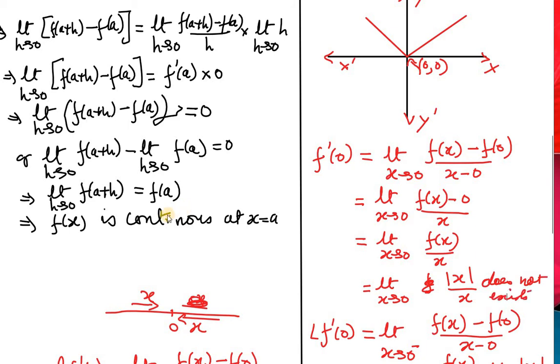That means at the corner point, at this point 0, we cannot have a definite slope or a definite tangent. So hope it is clear now with this example that the converse of the above theorem is not true. That is, every continuous function need not be differentiable.